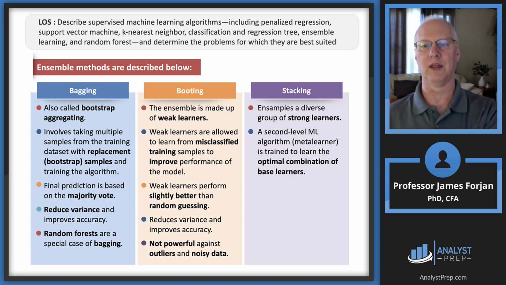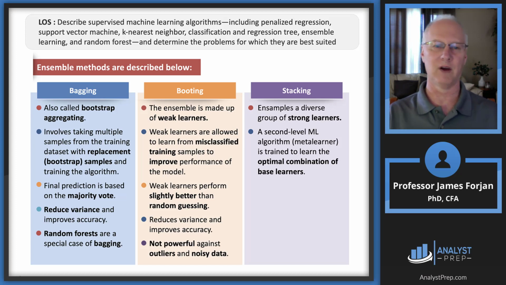That gets you to stacking over here: strong learners, and this is a second-level machine learning algorithm. There's an optimal combination of base learners. I like to give sports analogies. If we're trying to figure out the skill set of foul shooting in the NBA, we'd probably want to include Steph Curry and Steve Nash, who's now a coach, but he was up there.